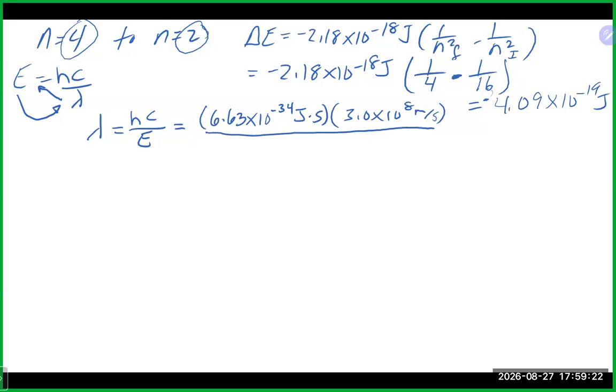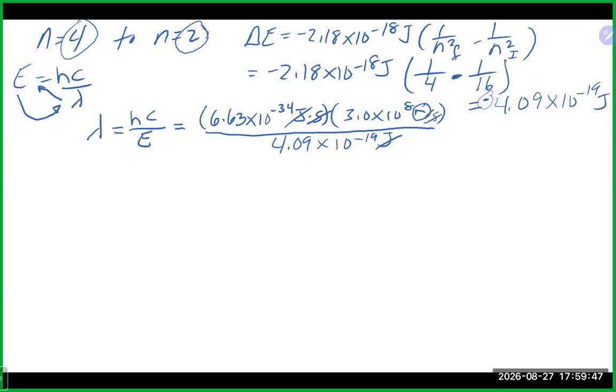Once again, here we are going to turn our energy value into a positive number, so we don't end up with a negative wavelength. And at this point, the joules will cancel, the seconds will cancel. We will be left here with meters as our units. And we want to go 6.63. We definitely want to be using our exponent button as we've talked about when we punch these in.